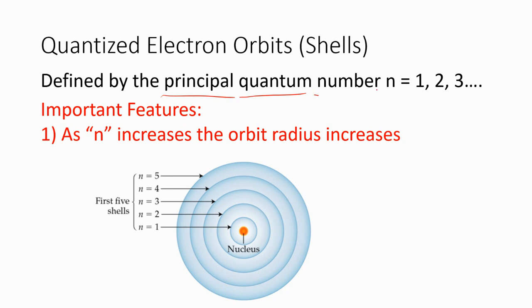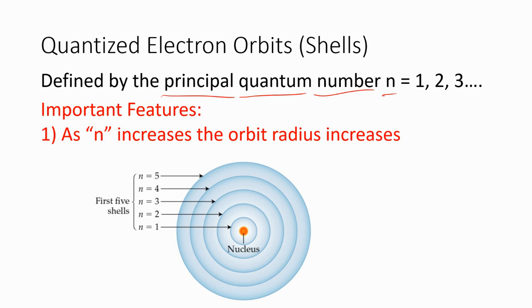Defined by something called the principal quantum number. And the symbol that we use for the principal quantum number is n. And what you need to know is that that principal quantum number can be any integer from 1 to infinity. So 1, 2, 3, 4, 5, et cetera.